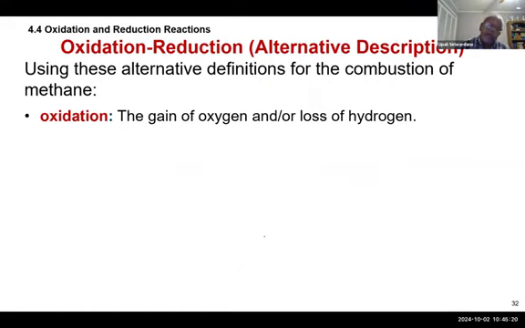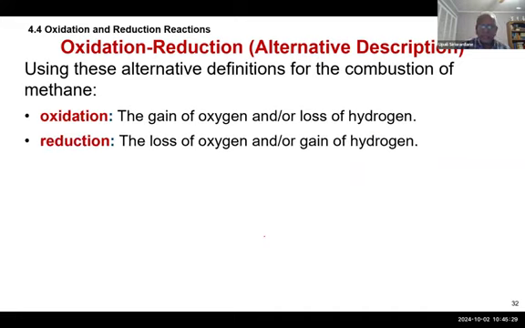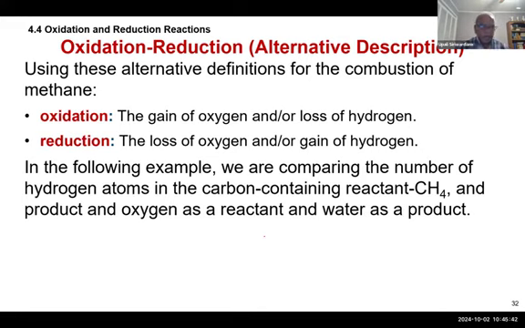As we talked before, gain of oxygen is oxidation. Loss of hydrogen is also oxidation. The loss of oxygen is reduction. Gain of hydrogen is also reduction. We looked at CH4 in the previous slide. Oxygen, carbon dioxide and water as a product.